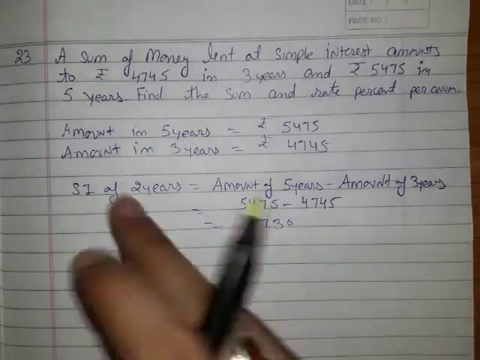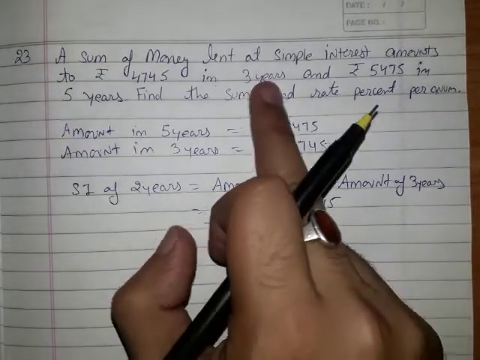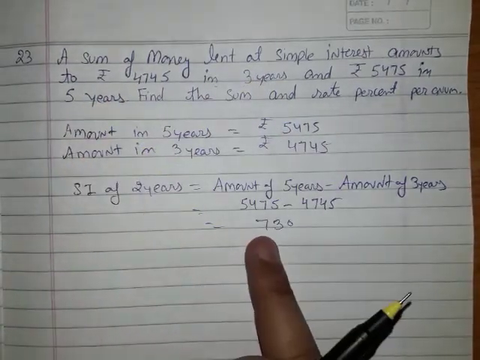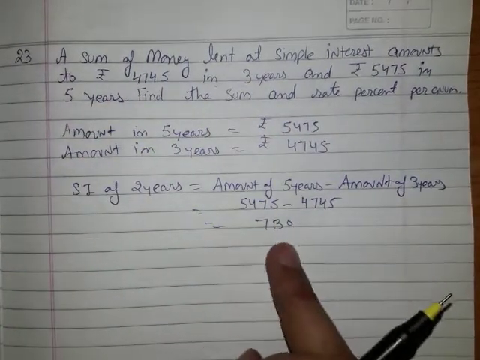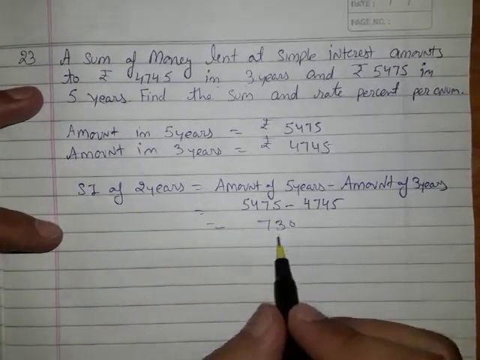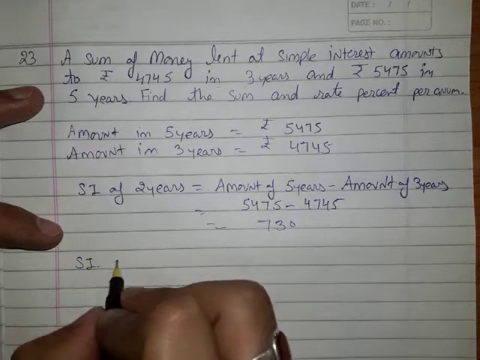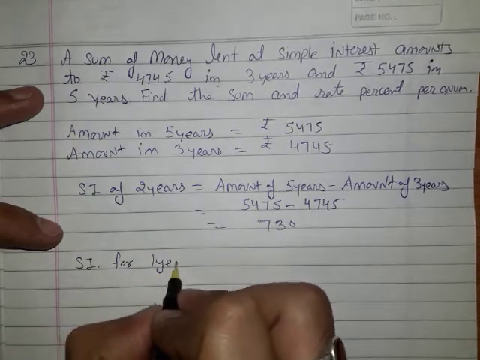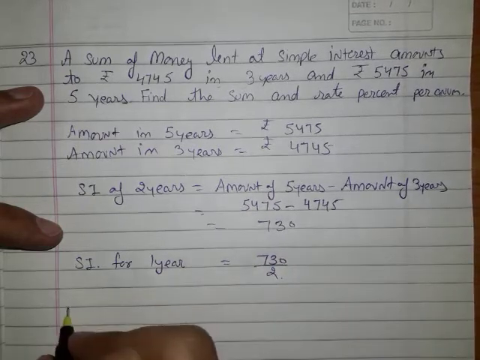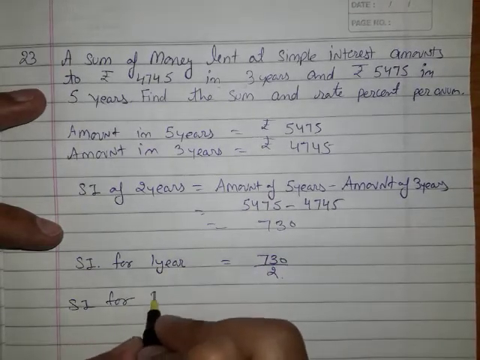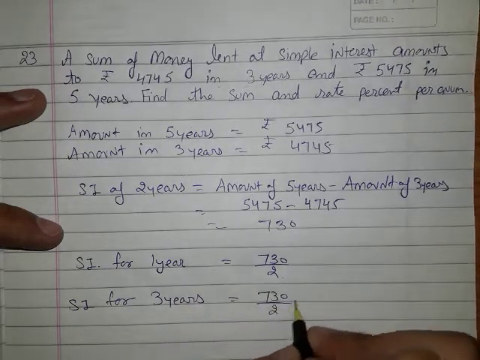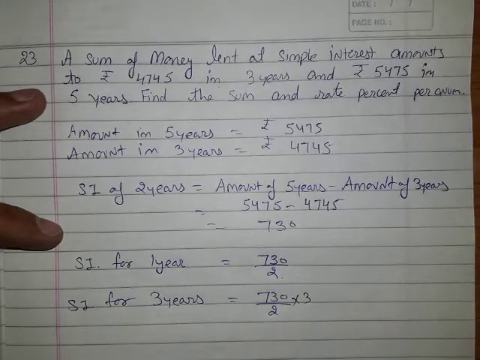Now this is the simple interest for 2 years. Now we have this data for either 3 years or 5 years, so I will calculate the simple interest for 3 years. Simple interest of 2 years is 730, so simple interest for 1 year is equal to 730 divided by 2, and simple interest for 3 years is 730 divided by 2 multiplied by 3.